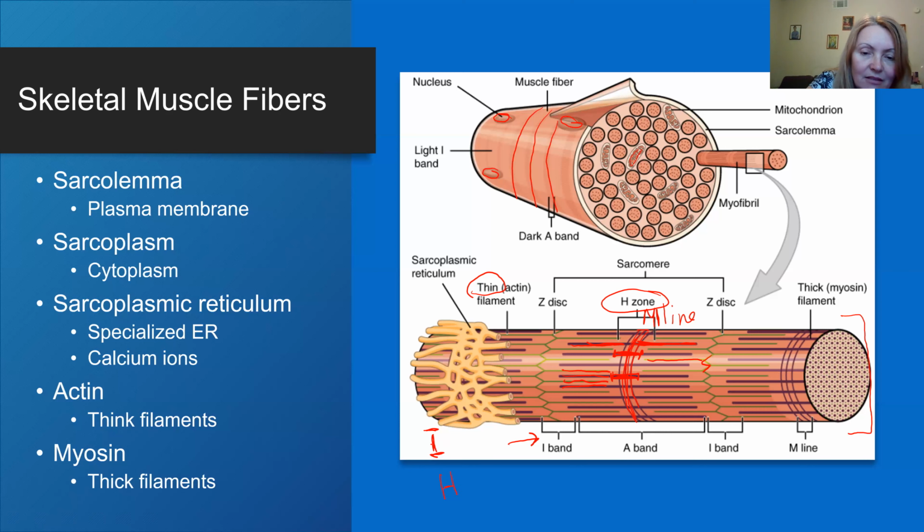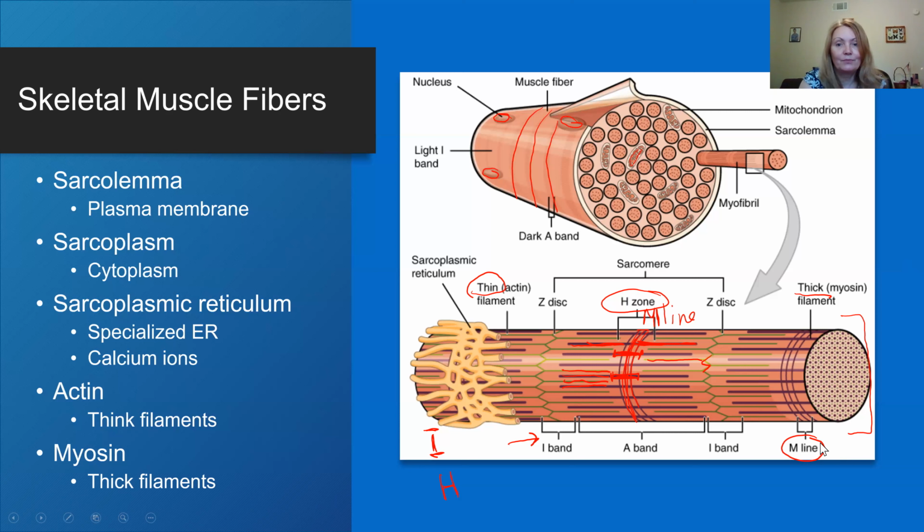So I is thin, so that's only actin, and H is kind of thicker, it's only myosin, because myosin is a thick filament. And in the A band, we have both actin and myosin, right? Oh, by the way, here you see the M-line shown over here. So whatever I show you, we have the M-line.